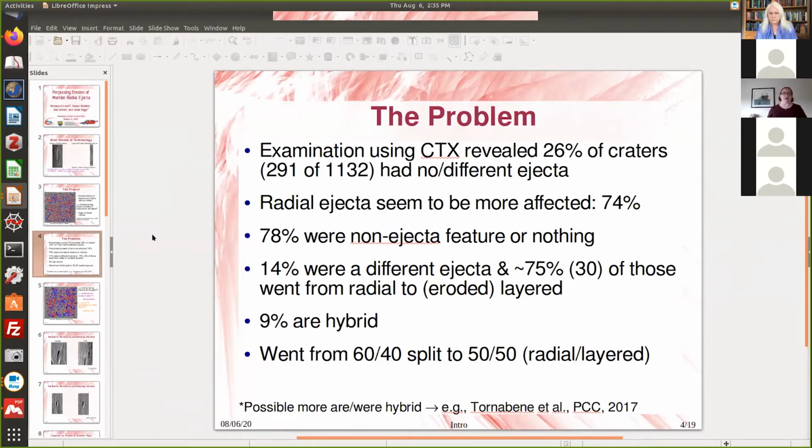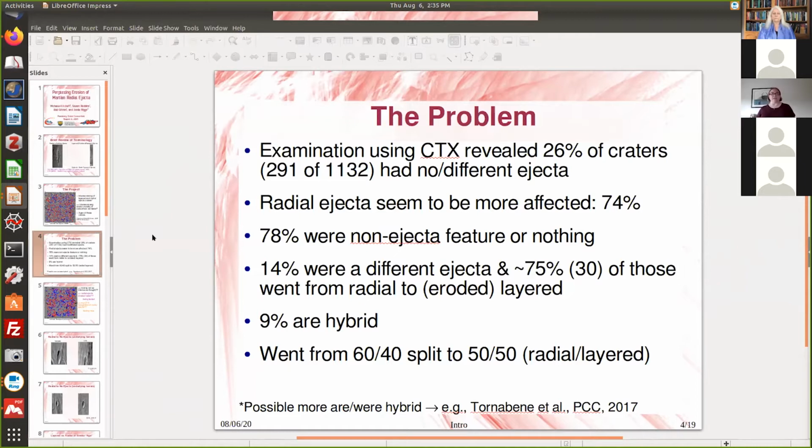And finally, kind of most interesting too, was we went from a 60-40 split of radial to layered ejecta to more of a 50-50 split, indicating that could be more layered and less radial in a relative sense than we initially thought.